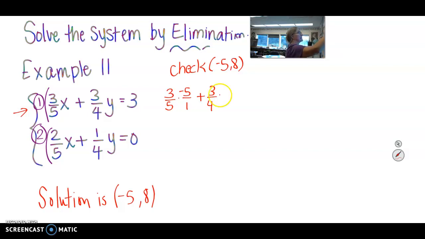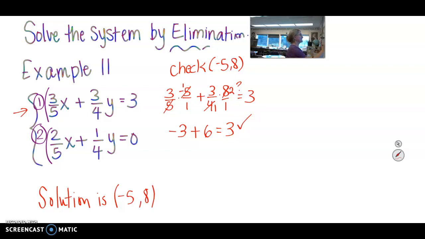And then 3/4 times 8 over 1, does that equal 3? Well, negative 5 over 5, that's a negative 1. So negative 1 times 3 is a negative 3. And then the 4 and the 8, I can simplify to 1 and 2. So that's 6. 3 times 2 is 6 over 1 times 1 is 1. Does that equal 3? And yes, it does.